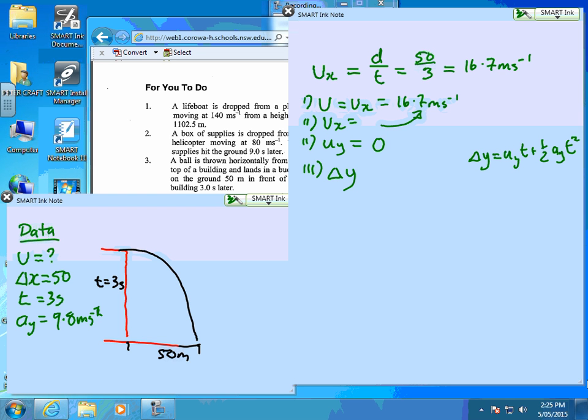Sometimes things just drop out of my head. This makes it really easy, because I know that that bit there is 0. It doesn't exist. So that's a half times 9.8 times 3 squared, which is going to equal whatever you get in your calculator.